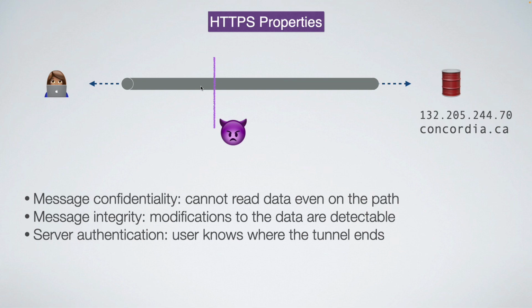One question is, what if the user ends the connection and the man in the middle takes over the connection? Then I think the authentication is just for the server, not for the user. Yeah, so if the tunnel ends at the man in the middle, then the man in the middle sees everything, and can impersonate the user, take over the user's role and continue to access Concordia.